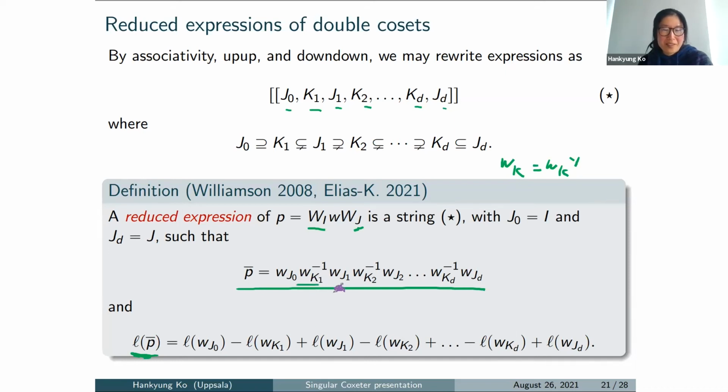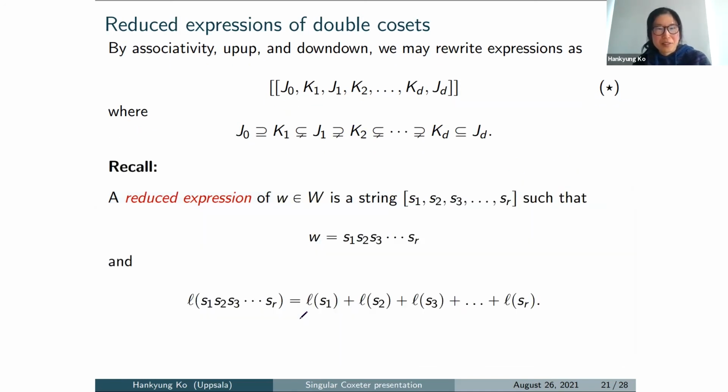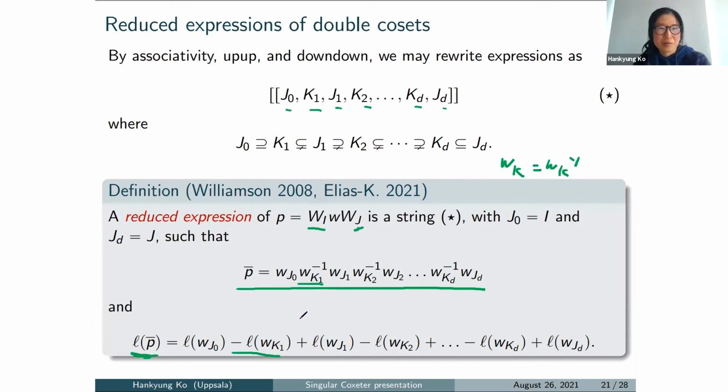And when you add the length of W_K inverse, you add the negative of the length. So we can look again: here we had a product and the lengths add, and here we have a product so that the lengths add.